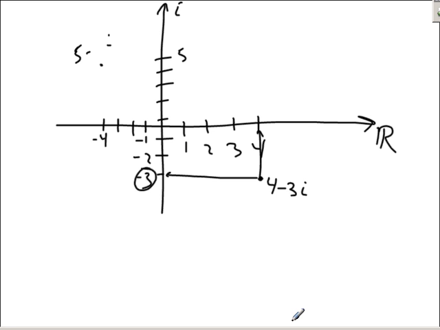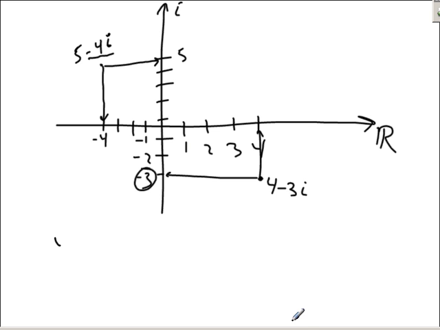The real part is 5, and when I look across, that's what I see. And the imaginary part, minus 4i, well, how many i's is that? Minus 4. So when you look down, you should see minus 4. That's how you plot complex numbers.